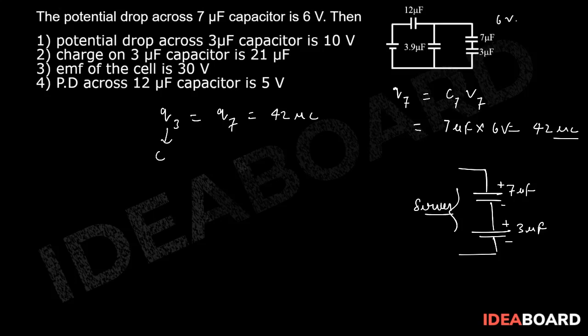Now from there we can say C3 into V3 will be 42 microcoulomb. So V3, the potential drop across C3, will be 42 divided by C3, which is 3 microfarad. So that will be 14, right?